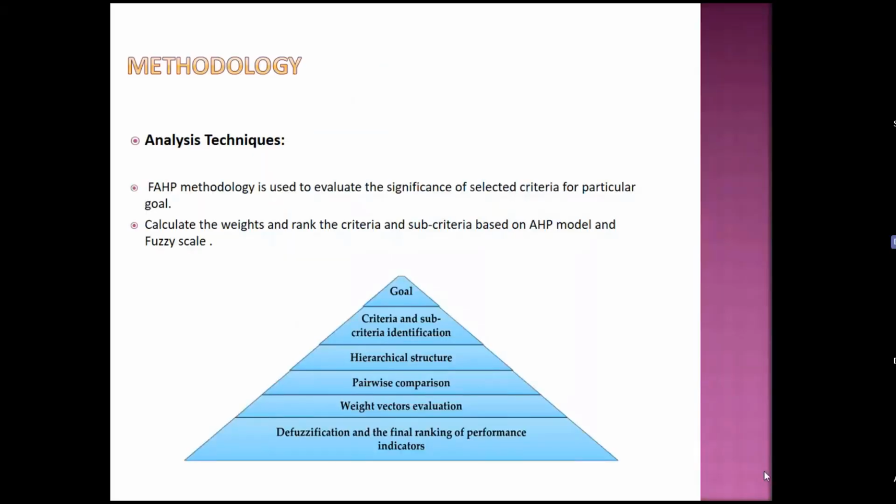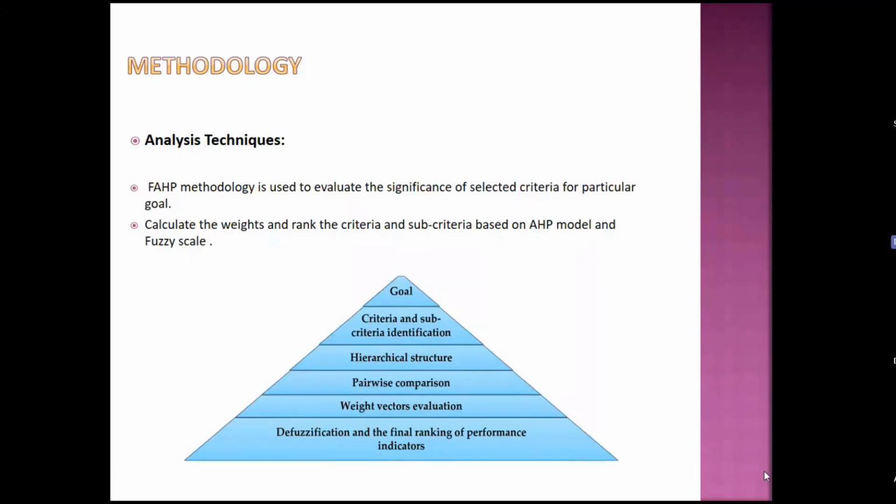In methodology, this technique is used to evaluate the significance of selected criteria for a particular goal. This fuzzy analysis is performed in which we calculate the weights and rank the criteria and sub-criteria based on the AHP model and fuzzy scale.